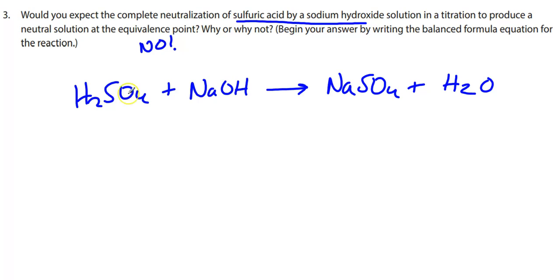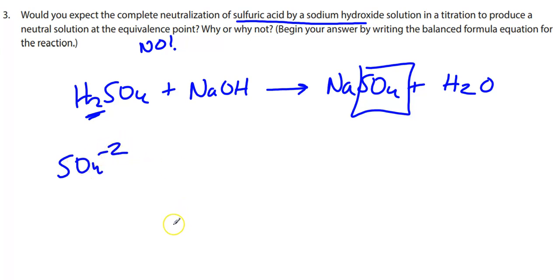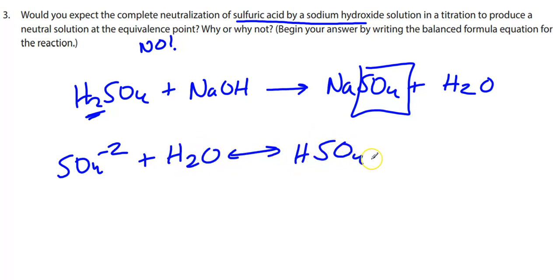In real life, I hope you recognize that this is really going to lose one hydrogen at a time. So what we're doing here is we're making sulfate ions. Sulfate ion will hydrolyze with water to make HSO4 minus 1 and hydroxide. Because one of the ions you're making is something that can hydrolyze, since it's the conjugate base of a weak acid, this goes back again to 6.1.